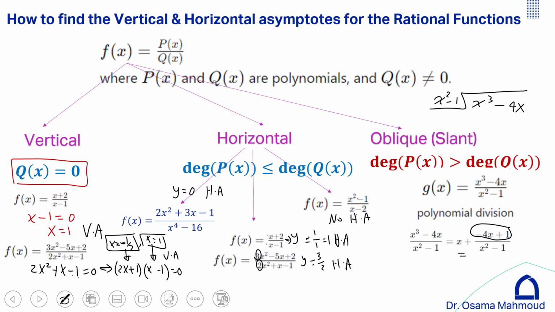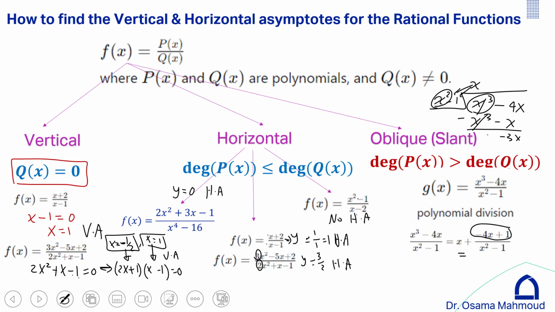You're dividing the first term, x cubed, by the first term, x squared. So you have x, you multiply x over here. So you have x cubed minus x. And you subtract. So this cancels out, and you have minus 3x here. Can you divide any more?